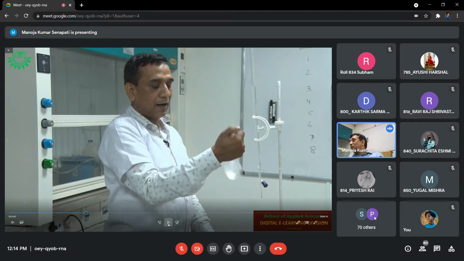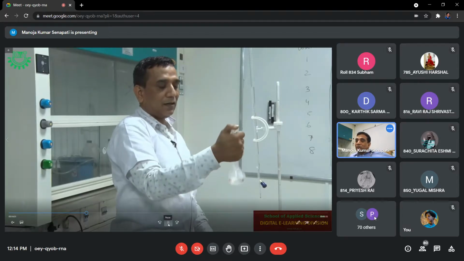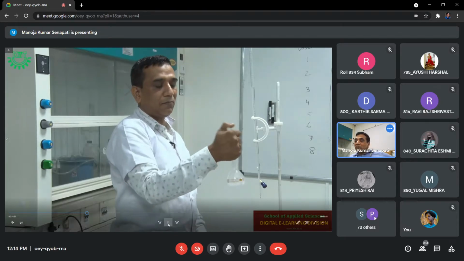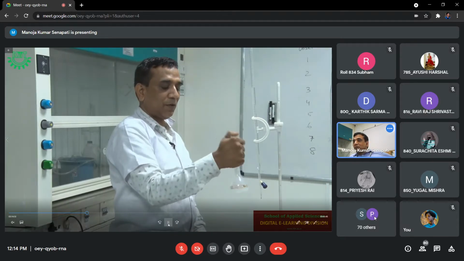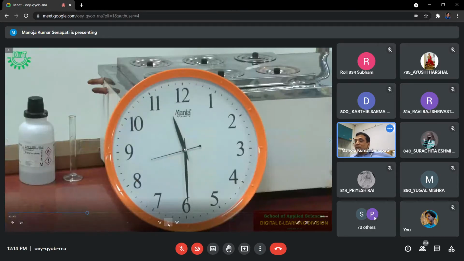That is the reason you take ice-chilled water: to arrest the reaction, to slow down the reaction. Okay? So see how we are doing this, because this reaction occurs at room temperature.